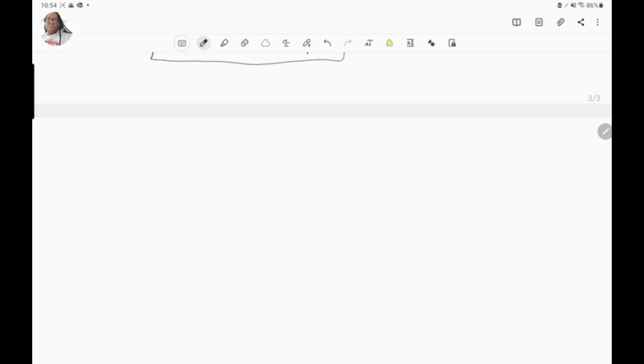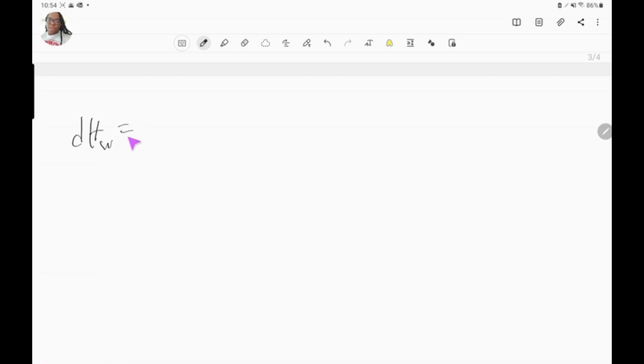And so we're going to write out dH, the enthalpy of water. And we know that enthalpy equals Q equals mc delta T, so we're going to have our flow here. And just like we did with the gas flow earlier, we're going to multiply it by A so that we can cancel that out later. And that's going to be multiplied by our specific heat of water, and our delta T.